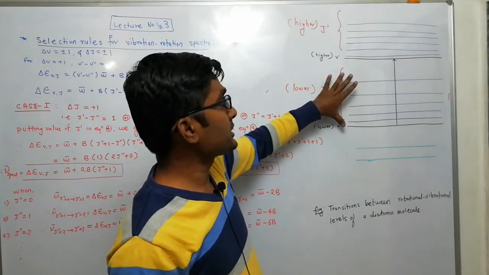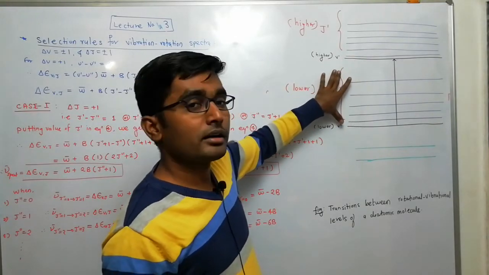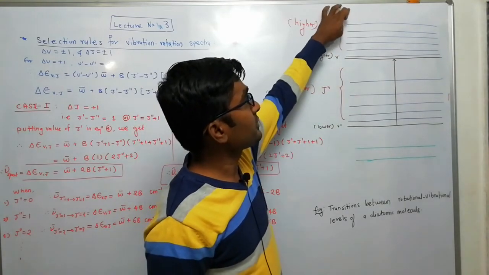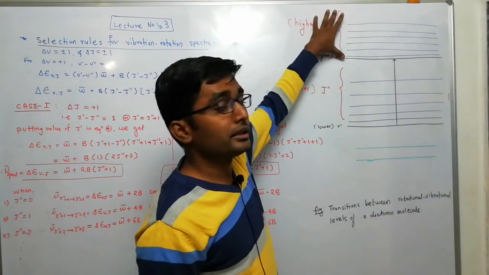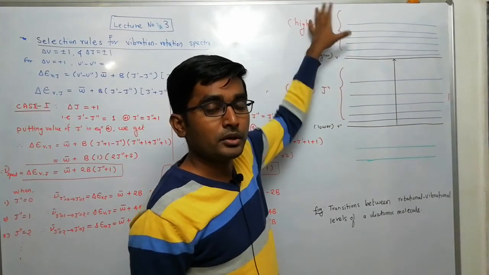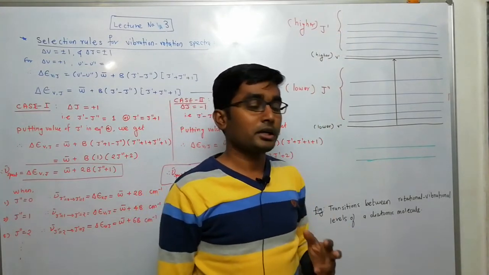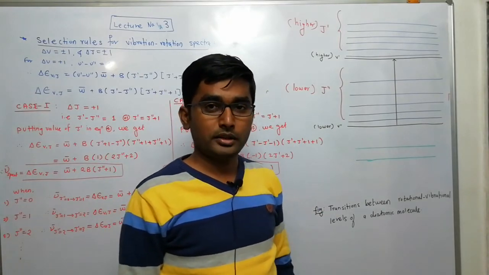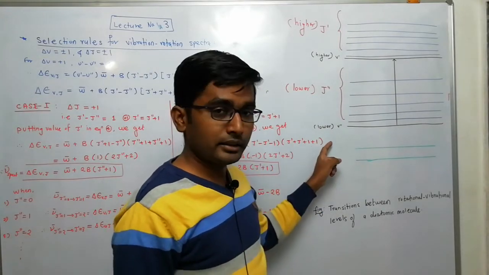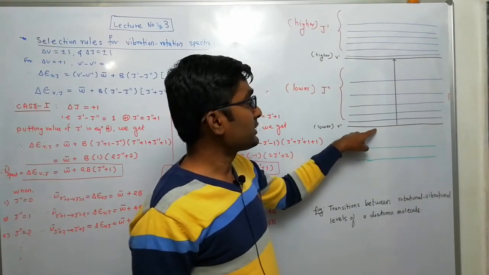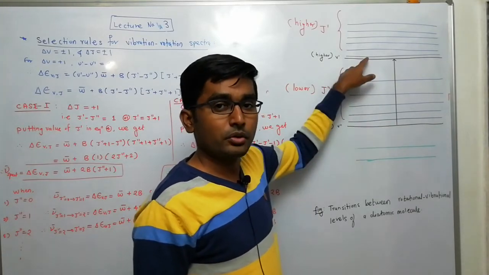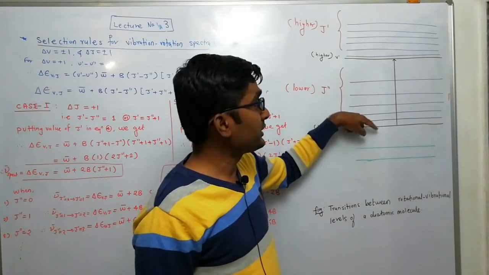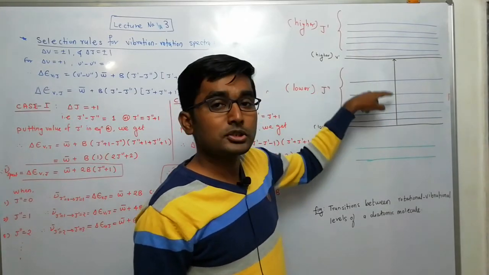In these two vibrational energy levels, there are n number of rotational energy levels. Again, the next vibrational level will be here, and there are again n number of rotational energy levels. In the second part and first part, we have seen that whenever a molecule interacts with infrared radiation, a vibrational transition takes place, and along with this transition a rotational transition also takes place.